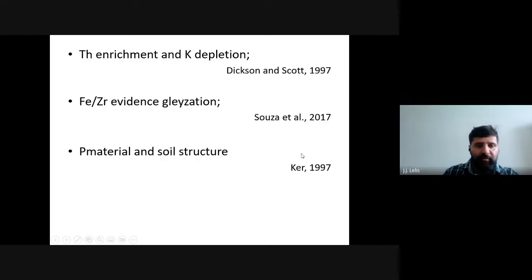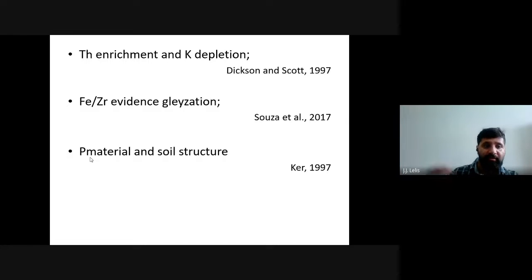We can see some old but very good studies that present that parent material influences the soil structure. So we have different kinds of structures, or type, size and grade of the structure, depending specifically on the parent material, because it depends on the iron content and how this material could be weathered and how it could produce clay or sand contents.